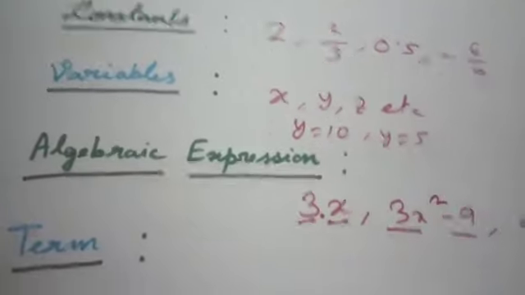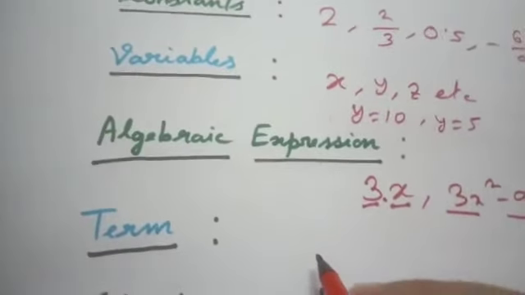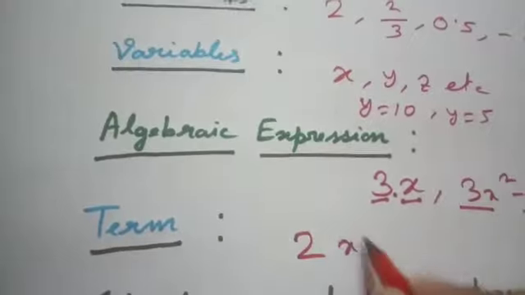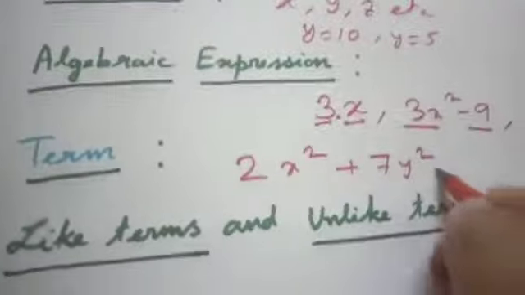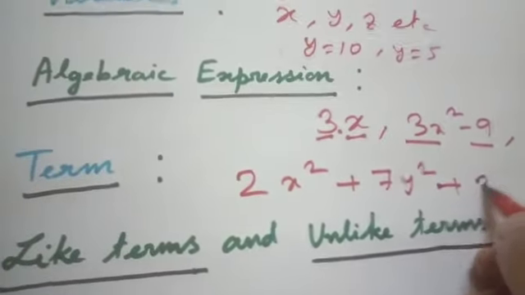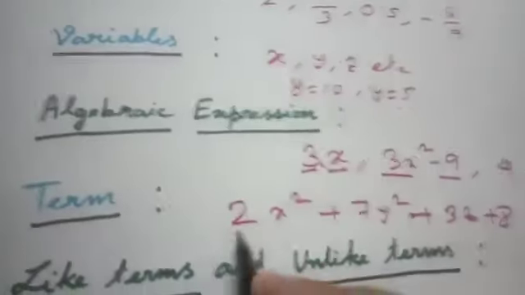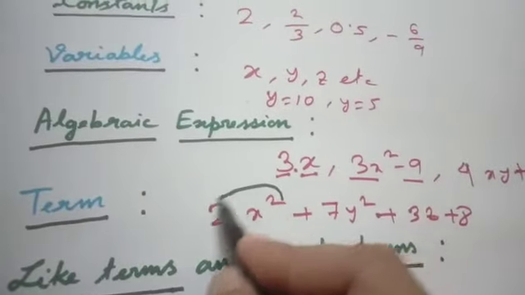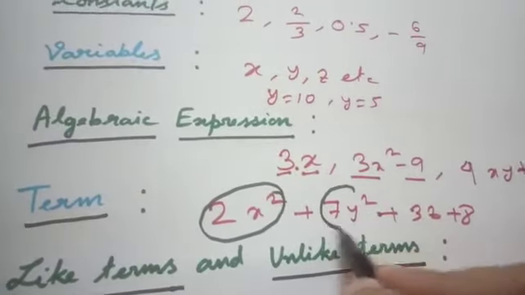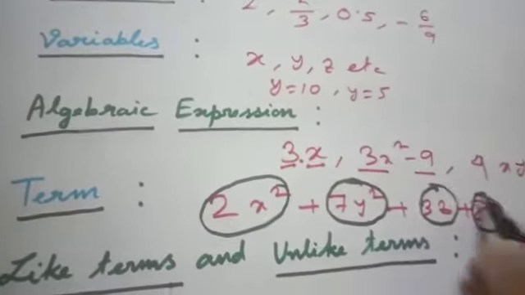Now we define the term. What is a term? Before defining term, we write an example. 2x square plus 7y square plus 3z plus 8. Here, this is an algebraic expression, and here 2x square is a term, 7y square is a term, 3z is a term, and 8 is a term.